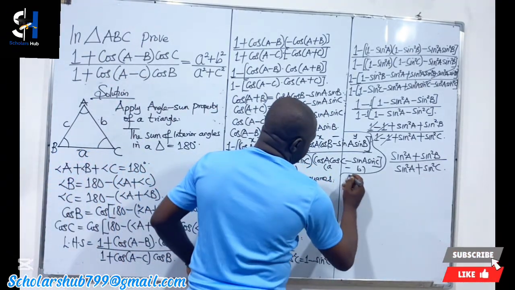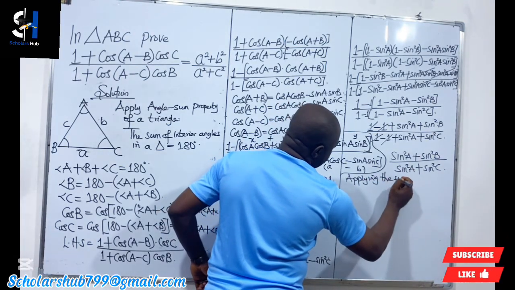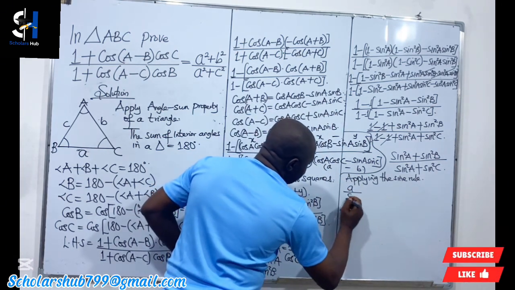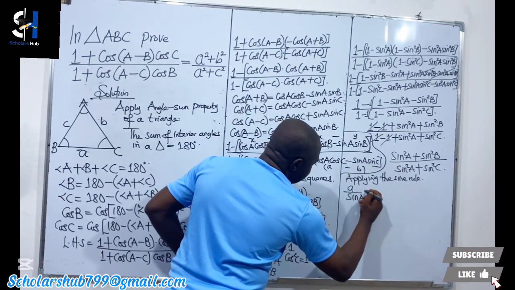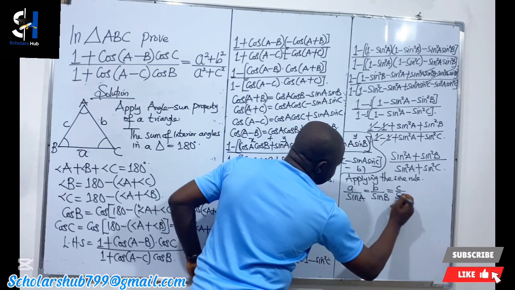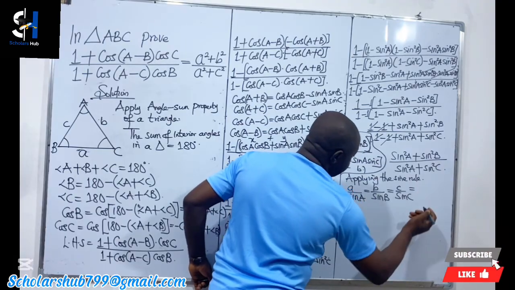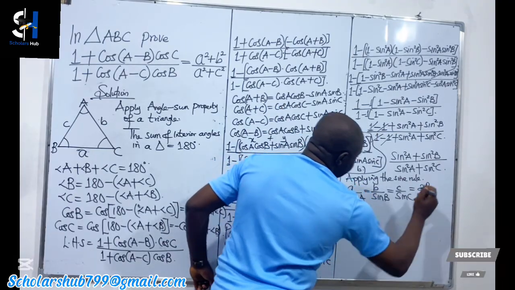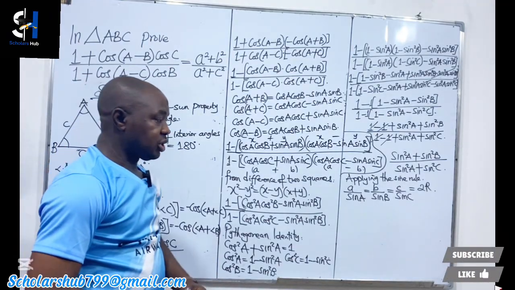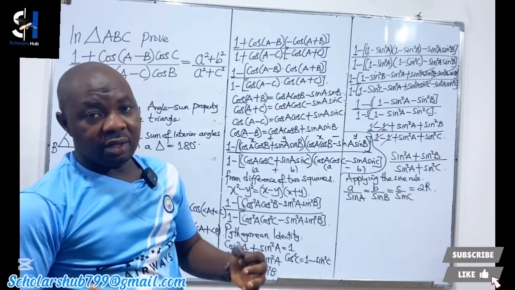Now applying the sine rule, we know that a divided by sine A equals b over sine B equals c over sine C equals 2R, that is the radius of the circumscribed circle. That is when we talk about the proof for the sine rule.